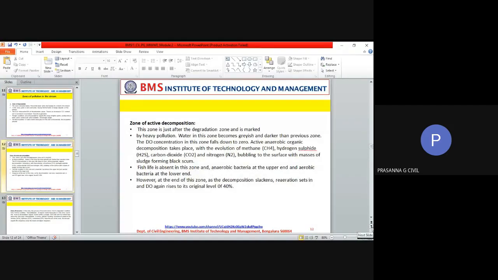Zone of active decomposition. So the next zone. The water is carried away, some of this, and the next zone is the zone of active degradation or decomposition. This zone has heavy pollution, may have gray or dark colored water, and DO concentration may fall.